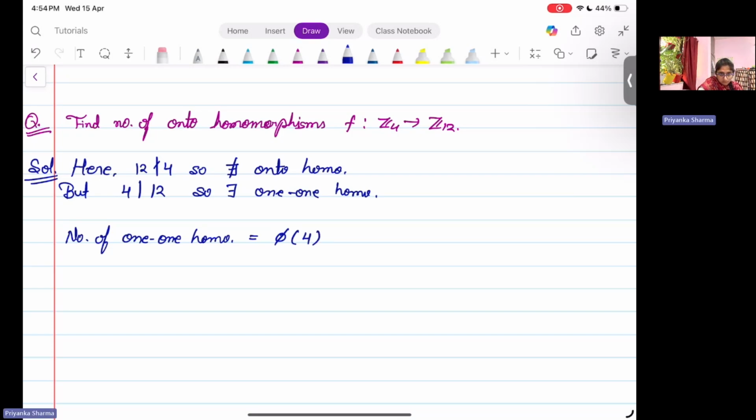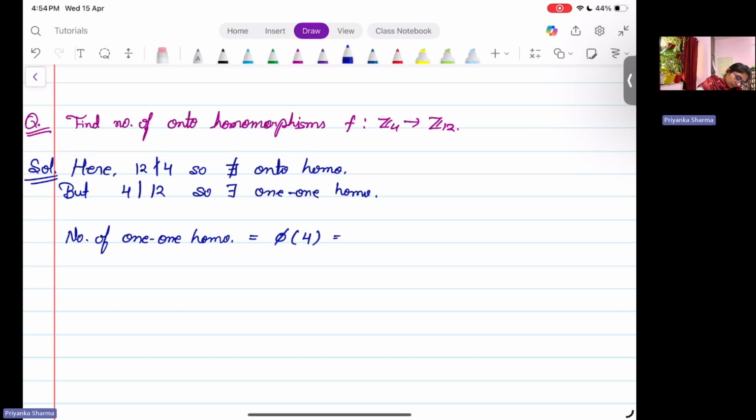See, in case of onto homomorphisms, we take phi of order of the codomain group. But in case of the number of 1-1 homomorphisms, we take phi of order of the domain group. Okay, so this is the difference. Because in case of onto homomorphisms, the order of this group divides the order of this group, and in case of 1-1 homomorphisms, the order of this group divides the order of this group. So this is the basic difference.